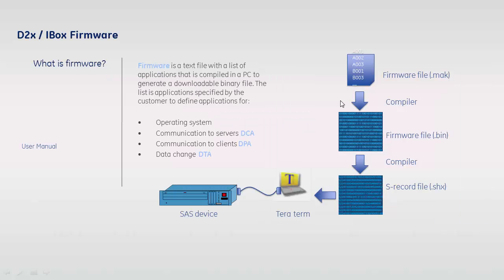Okay, so the firmware is a set of applications that is basically listed in our module.mac file. And then this set of applications would be used in order to be compiled to form a bin file. That bin file, we would sometimes use a special compiler to change it to an SHX file or an SRecord file.